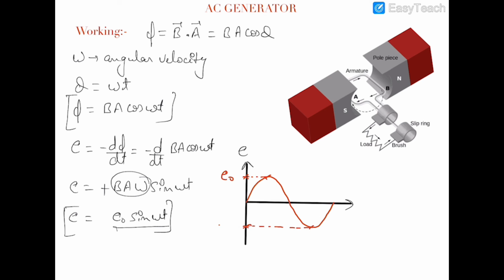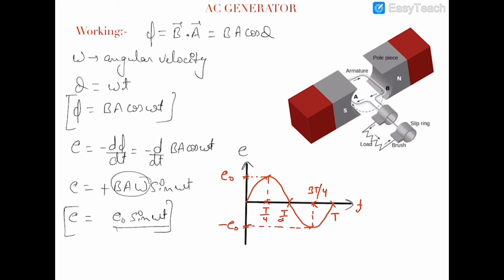This time is T by 4, this is T by 2, this is 3T by 4, and this is T, and this is small t, the variable time.